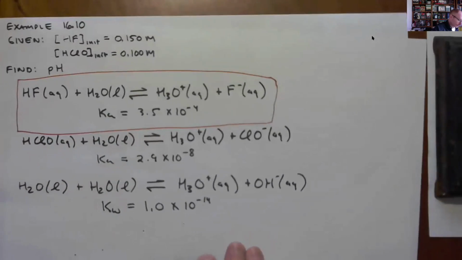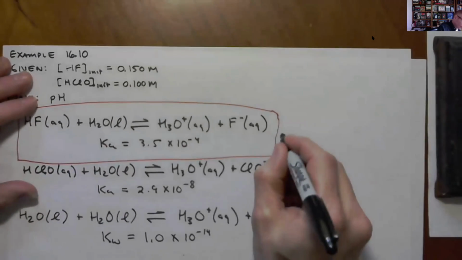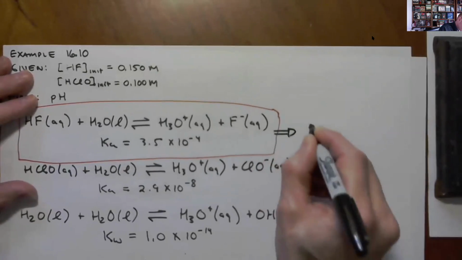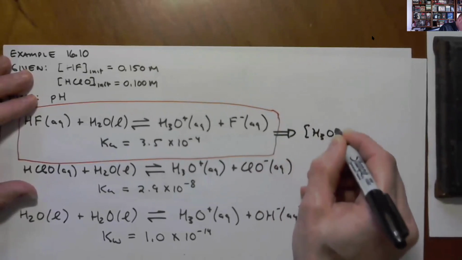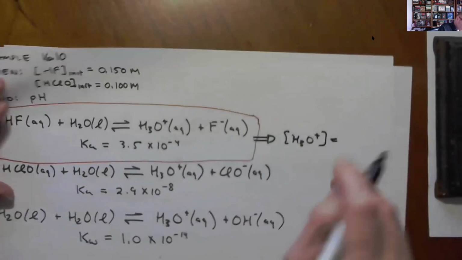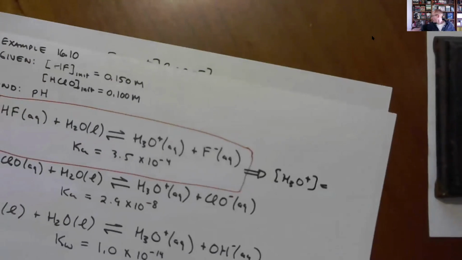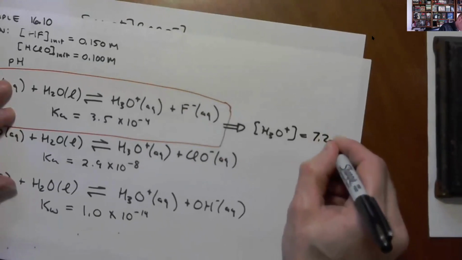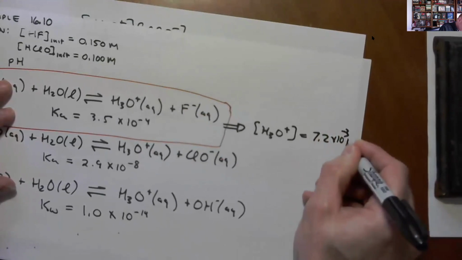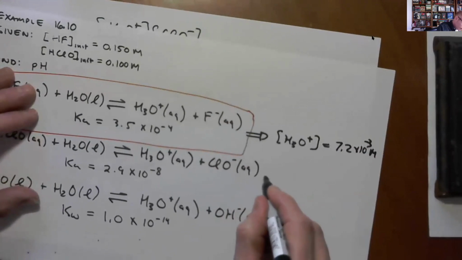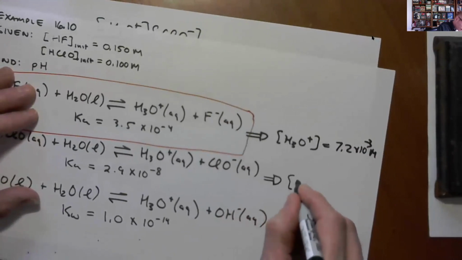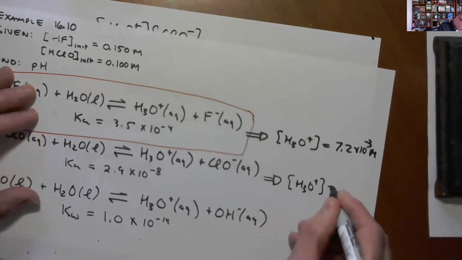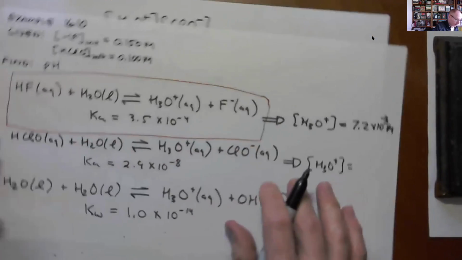So again, going back, what do we see? This one generates an equilibrium concentration of 7.2 times 10 to the minus 3 molar. This one is going to generate a hydronium concentration, again, occurring independently in a separate vessel.